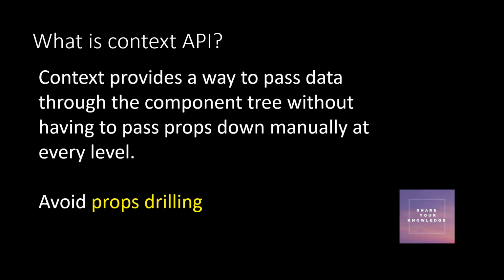This is called props drilling. This was actually a big issue. If you have 4 levels of components and want to send data from the first level to the 4th level, you have to put props everywhere. To avoid this, the context API was created in React hooks.